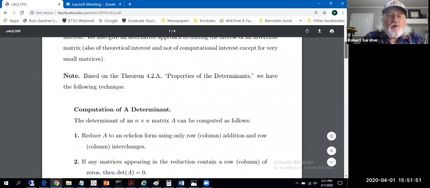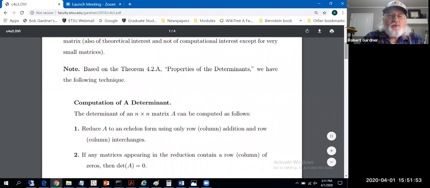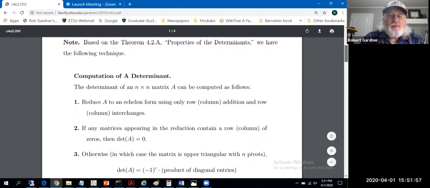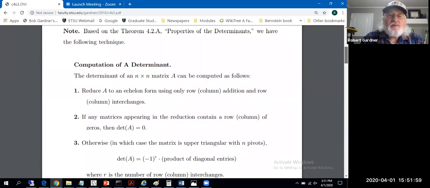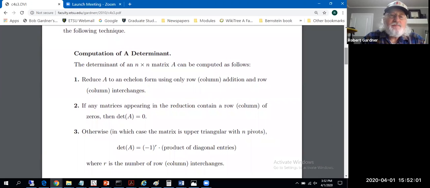First, in terms of computation of determinants, this is really just a restatement of some of the things we had in the previous section, with one little twist. The determinant of an n by n matrix, we only have determinants of square matrices, just like we only have inverses of square matrices, can be computed as follows.